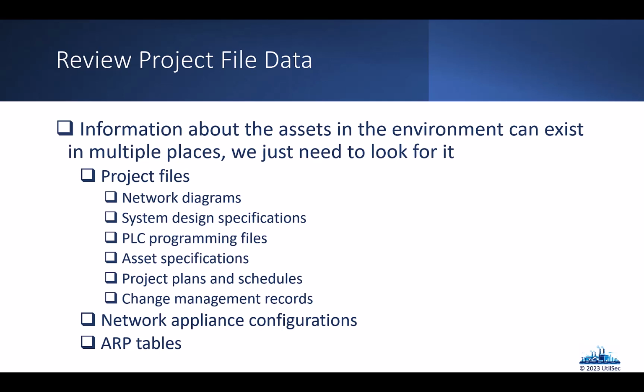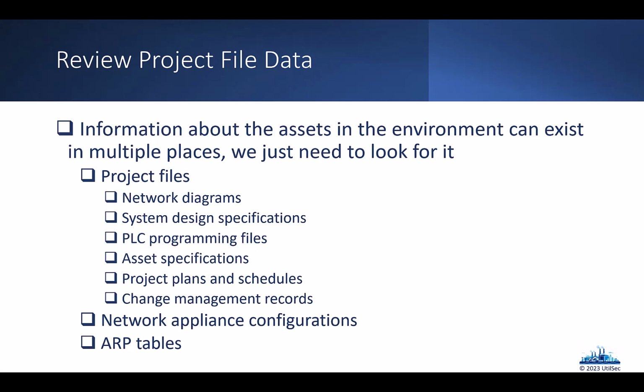And then we can also look at the configurations of different network appliances in the environment. Think of things like network switches and firewalls. We can go into those systems and look at different aspects of their running config. And then we can also look at things like their ARP table.